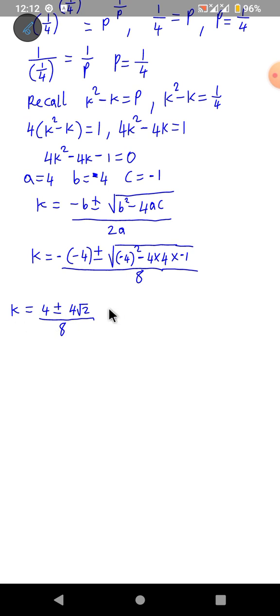My solution for k will be k equal to 4 plus 4 root 2 all over 8, or k equal to 4 minus 4 root 2 all over 8. Then we continue again now.